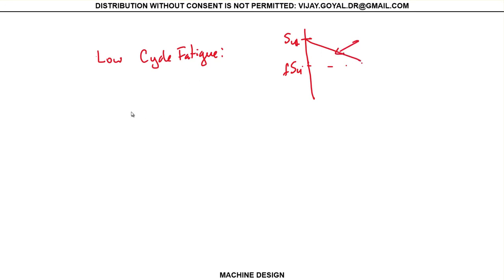So what you really want to do is find your SN plot, which is equal to A times N to the minus B. How do you calculate this?